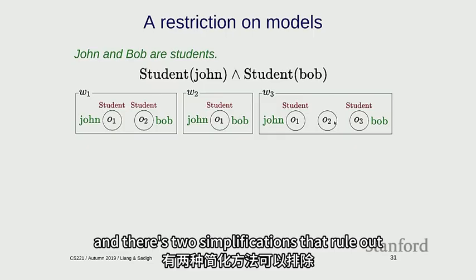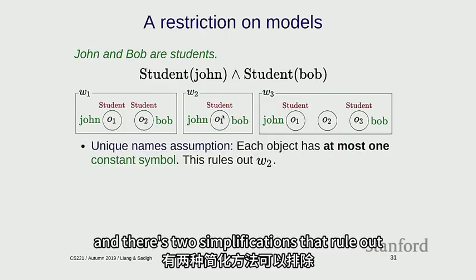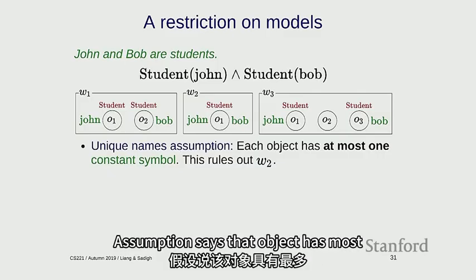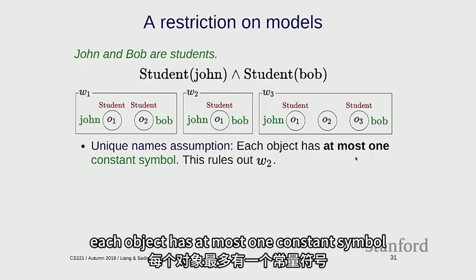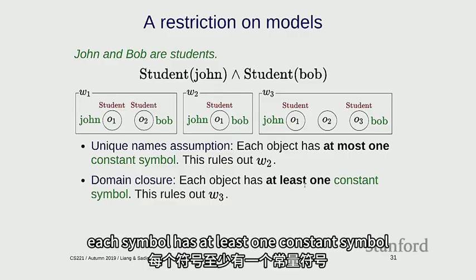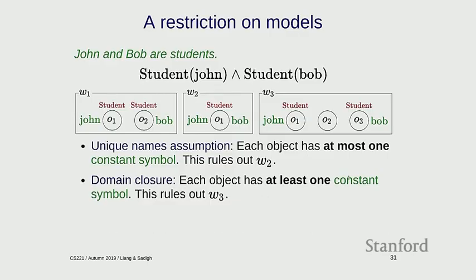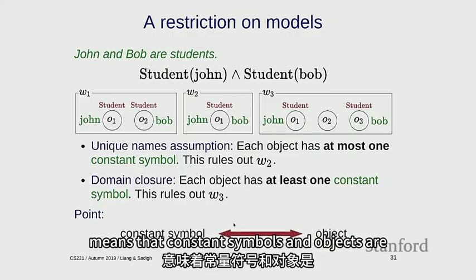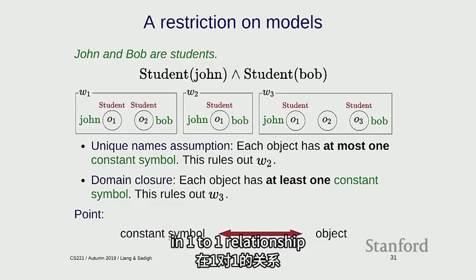And there's two simplifications that rule out W2 and W3. So the unique names assumption says that each object has at most one constant symbol. And domain closure says that each object has at least one constant symbol. So the point of this restriction means that constant symbols and objects are in one-to-one relationship.